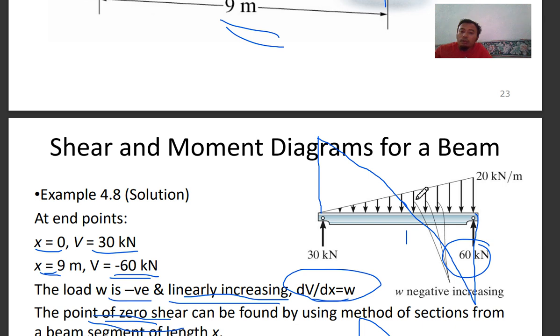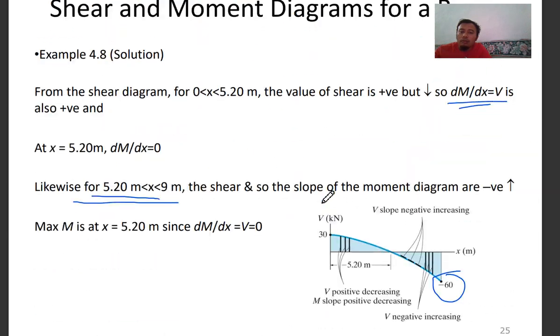So you can expect there is an inflection point here, the point at which the shear force becomes zero. And when shear force becomes zero, you have a maximum bending moment there. So you can expect your graph to have a peak there and then go back to zero at the end, because you don't have any bending moment at the end.